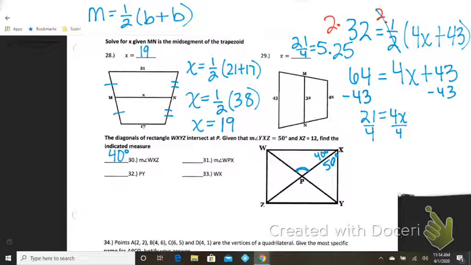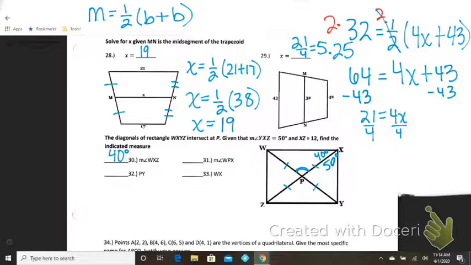All right, so in order to do this, one thing you should remember is that in a rectangle, the diagonals bisect each other because it's a parallelogram. The diagonals are also congruent to each other inside any rectangle. So since the diagonals are congruent and they bisect each other, that means that each little piece of every diagonal is congruent.